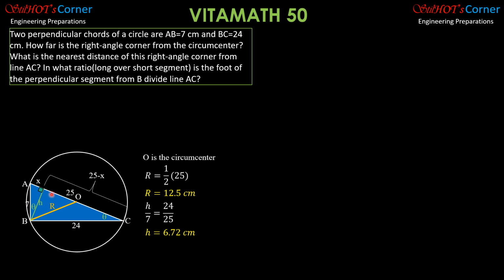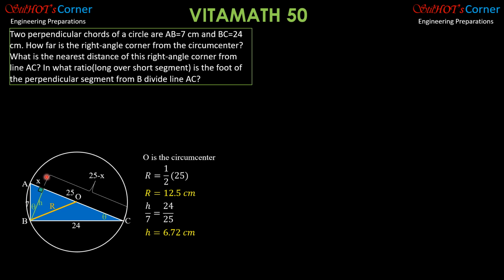So that's one way. So since we have solved H, actually we can derive H squared, the mean proportional between the segments it cuts. So H square is X times 25 minus X, or H is square root of X times quantity 25 minus X. To derive that, in case you forget, you just use similar triangles.